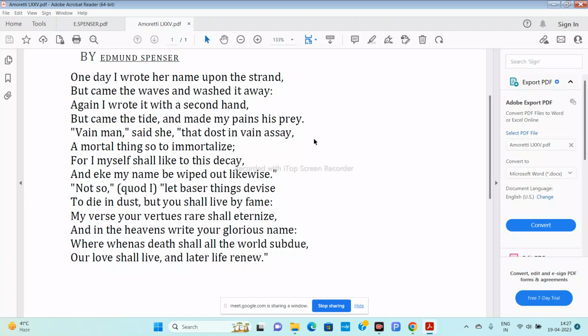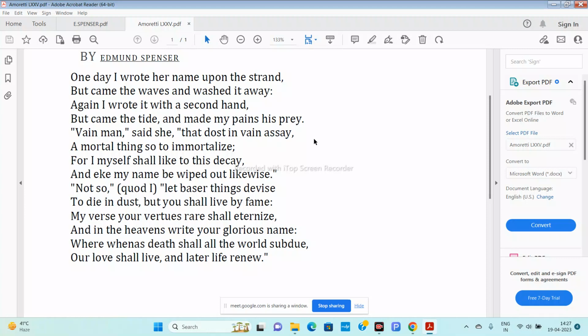So I am going to write a poem through which your good qualities would live forever, eternize. So it will be eternal for posterity to read.